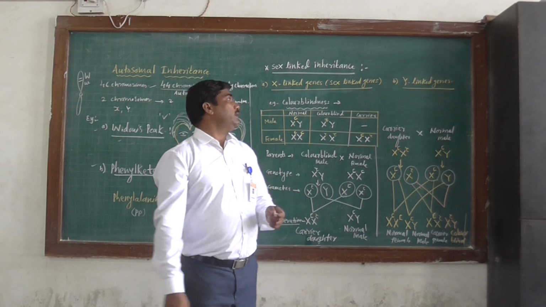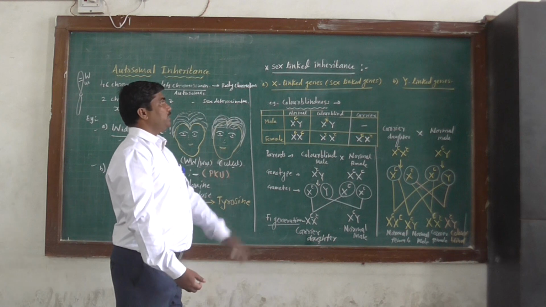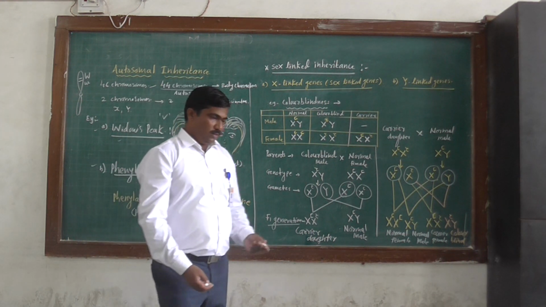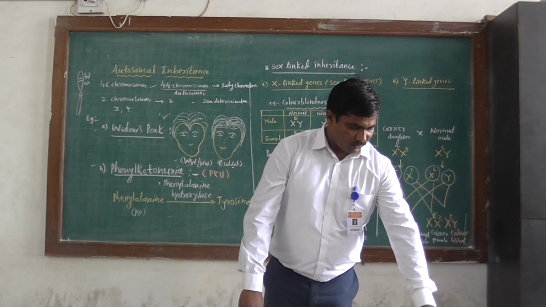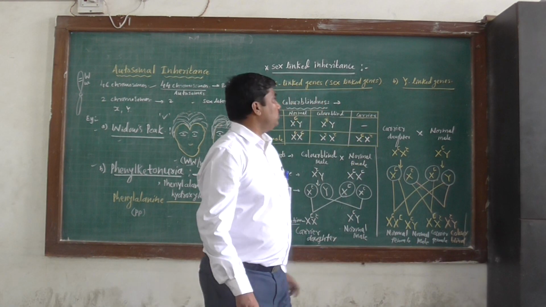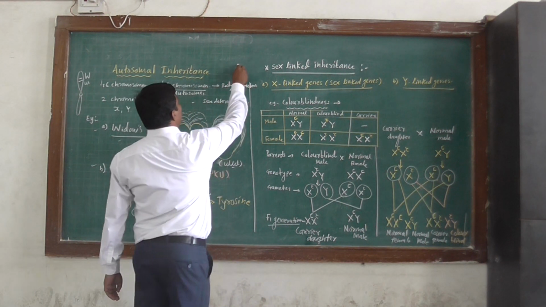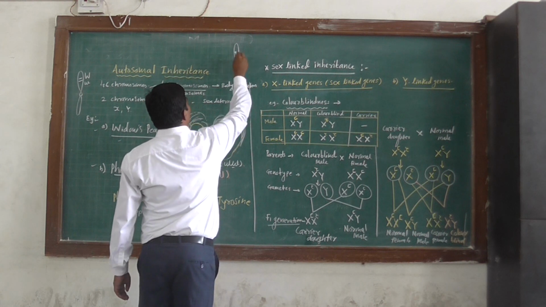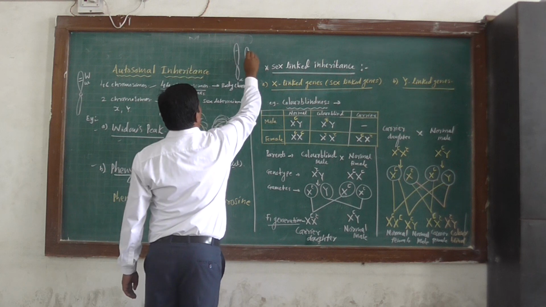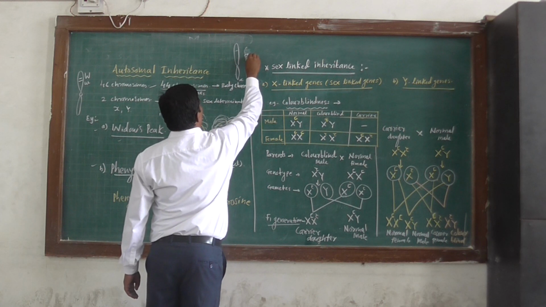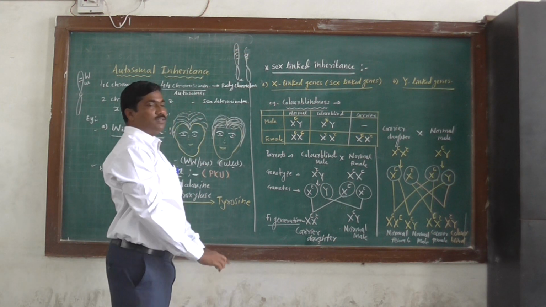Then the next point is sex linked inheritance. What is sex linked inheritance? Now we know about sex chromosomes. The sex linked genes are present on the non-homologous region of the X and Y chromosomes.